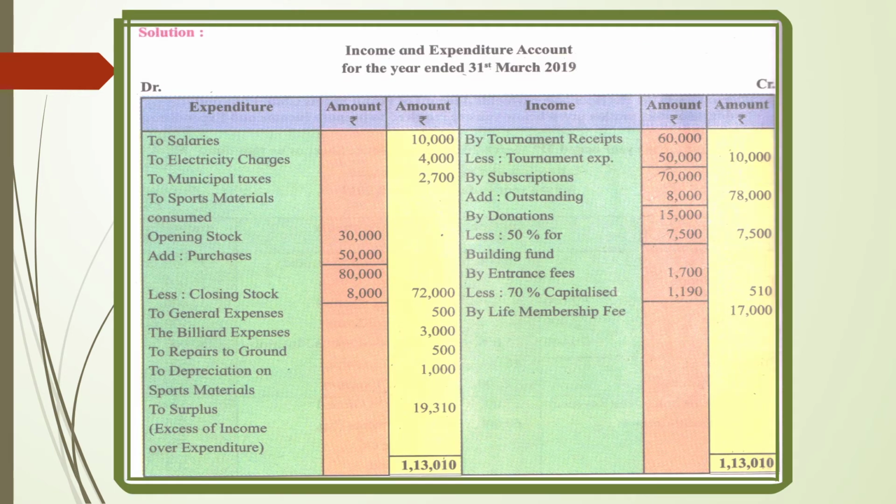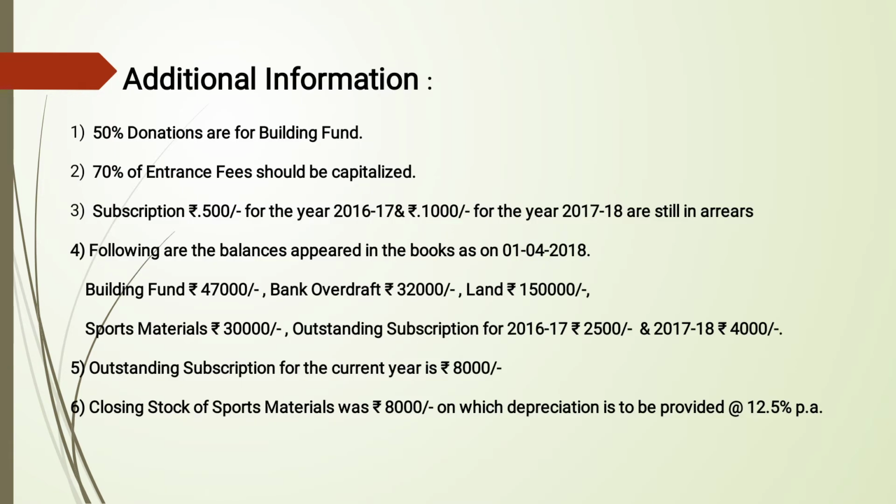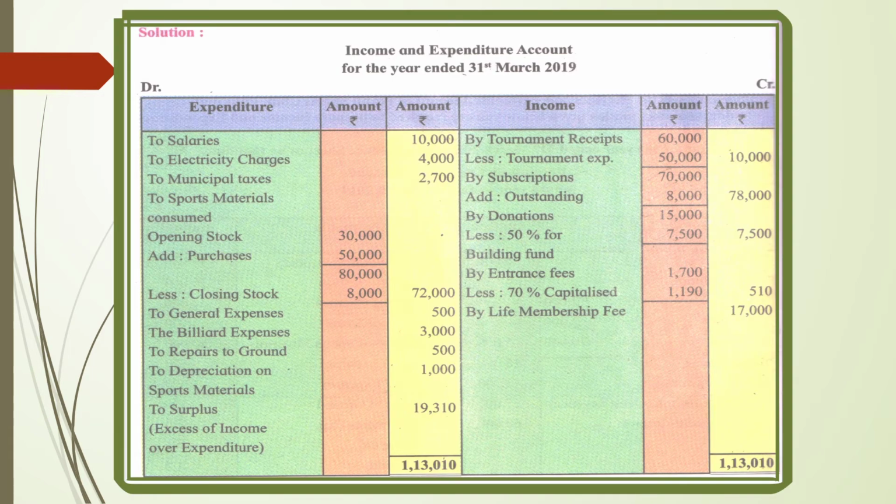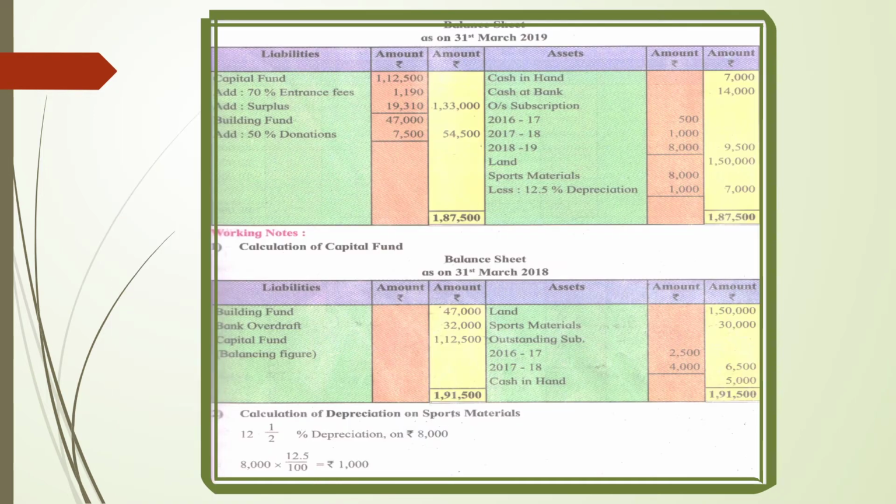Outstanding subscription for the year is rupees 8,000. So this is the current year's outstanding. You add the current year's outstanding subscription to the subscription amount, that is 8,000. So the outer column is 78,000, and the second effect of the 8,000 is mentioned on the asset side of the closing balance sheet.